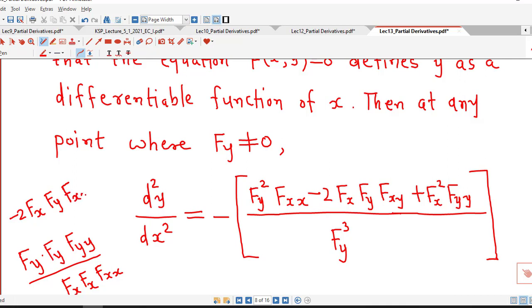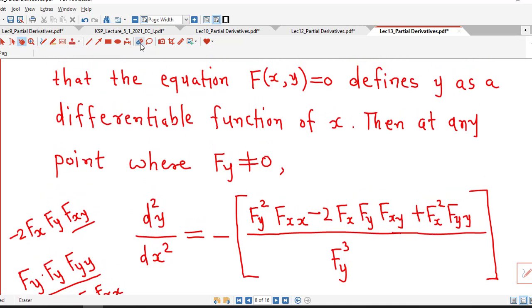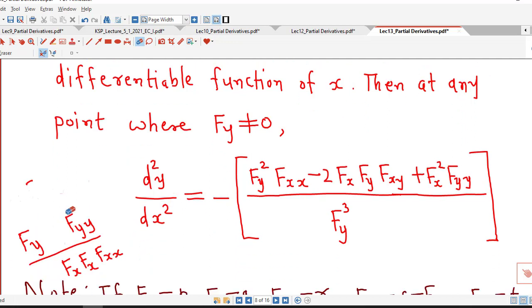So here also we are taking the mixed second order derivative. This is the way we can easily remember this formula. So here we are taking second order partial derivatives of the given function capital F also, so we have to calculate all the second order partial derivatives.